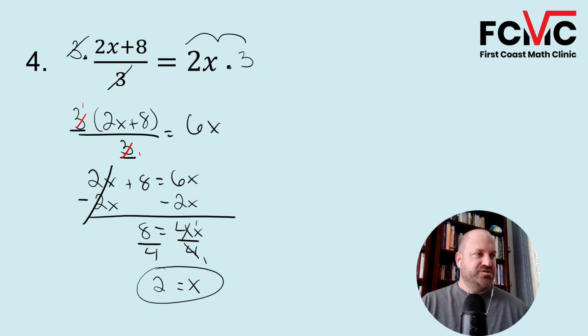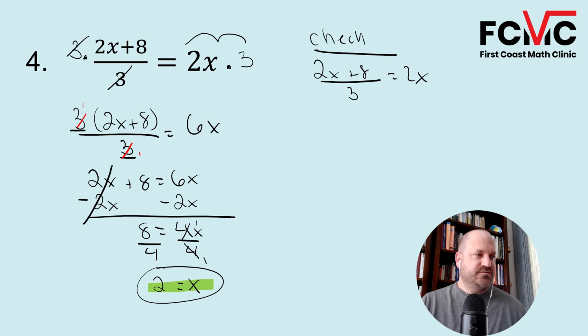All right, let's do our check up here. So take our equation, (2x plus 8) over 3 equals 2x. And wherever we see an x, let's replace it with 2. So (2 times 2 plus 8) over 3 equals 2 times 2.